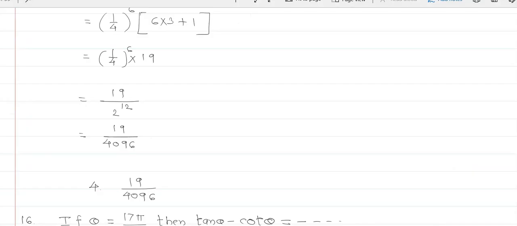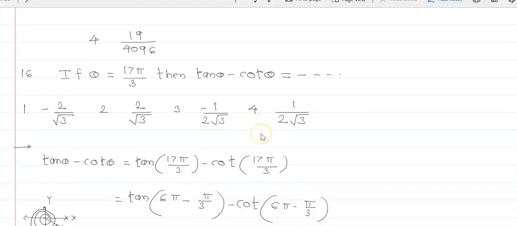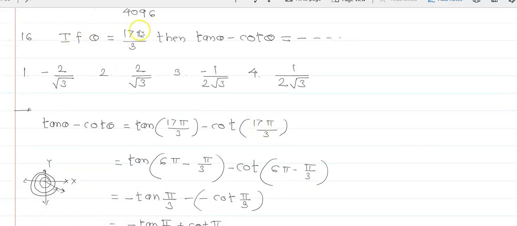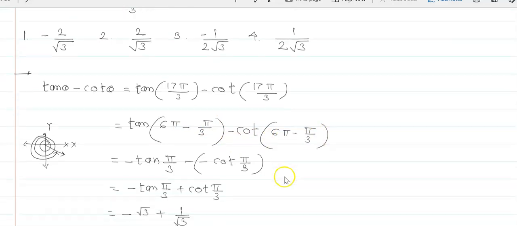And then you can see the answer of this. That is, theta is equal to 17 pi by 3. Find the value of tan theta minus cot theta. Tan of 17 pi by 3 minus cot of 17 pi by 3 can be written as 6 pi minus pi by 3: tan of 6 pi minus pi by 3 minus cot of 6 pi minus pi by 3.